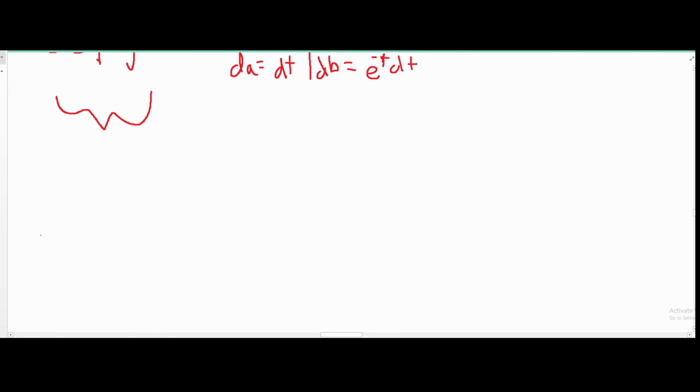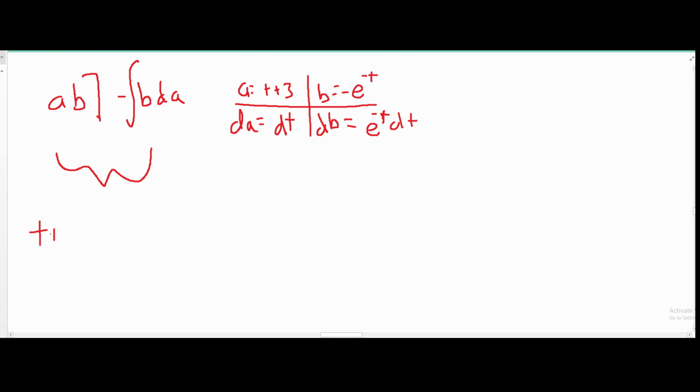So plugging everything in, we're going to have t plus 3 times negative e to the negative t. And that's going to be subtracted from the integral of negative e to the negative t dt. These are both going to be positive.